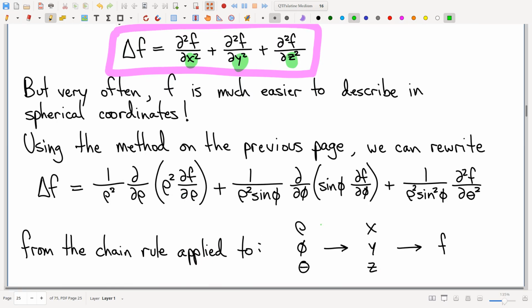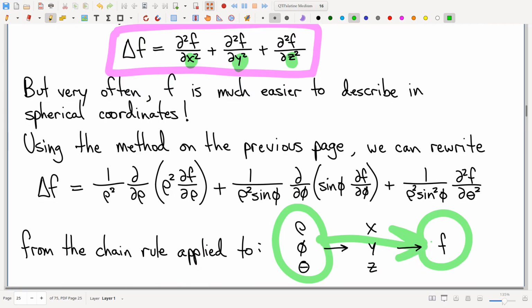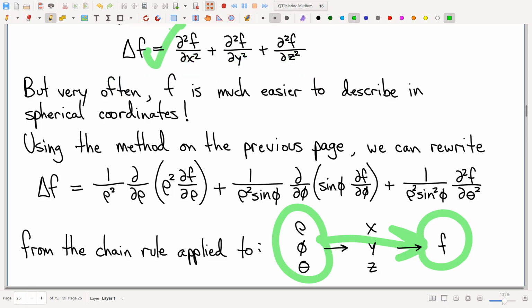We can first write the spherical partials in terms of the rectangular, and then you can just, again, turn it around, solve, and get the rectangular in terms of the spherical. And that's what allows you to rewrite this ultimately rectangular operator in terms of spherical.